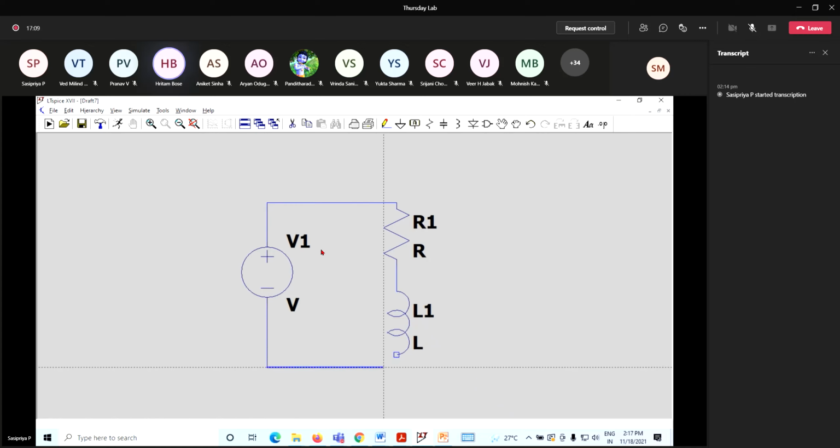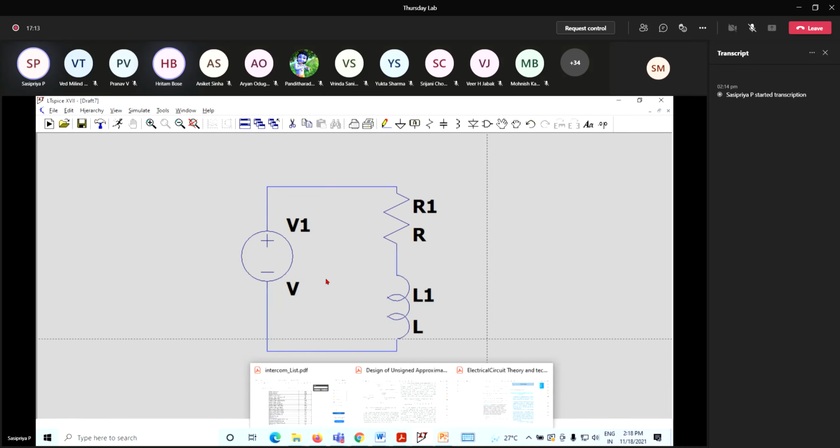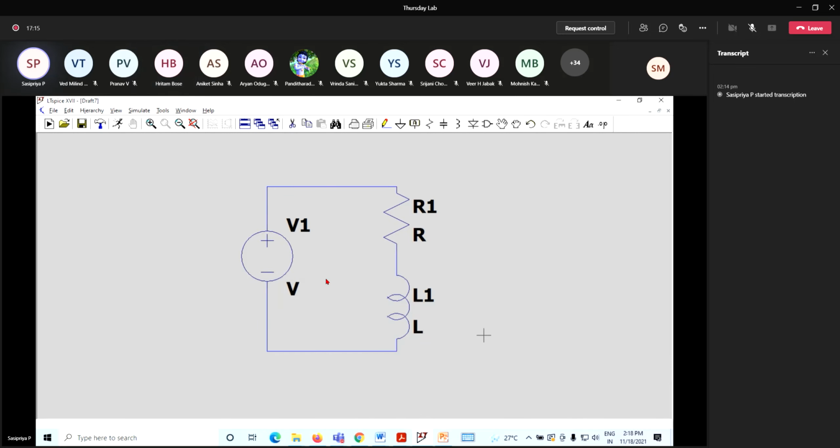Ma'am, what is L1, ma'am? Can you just repeat? Here we are trying to simulate a series RL circuit. Resistor R and inductor L are connected in series, and excited by the sinusoidal AC source.